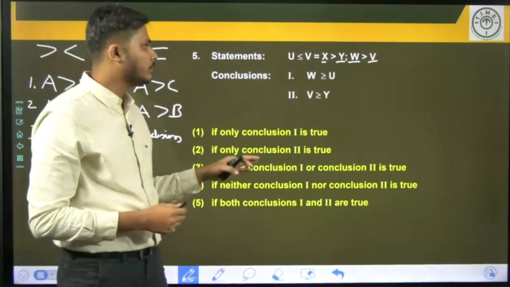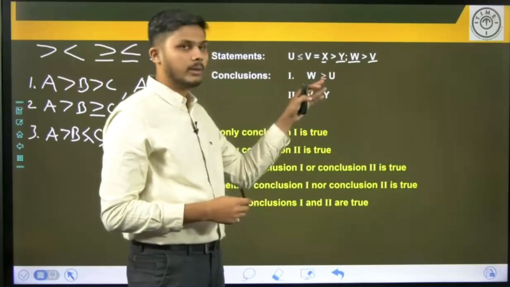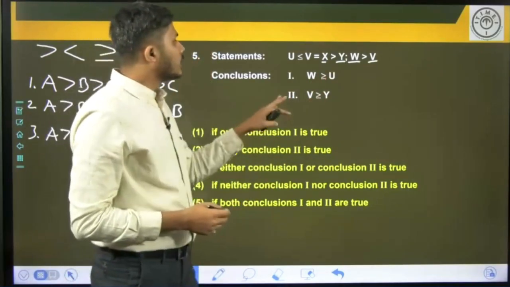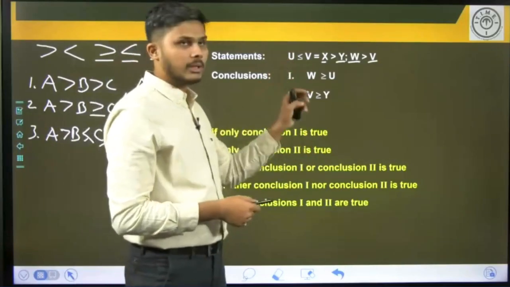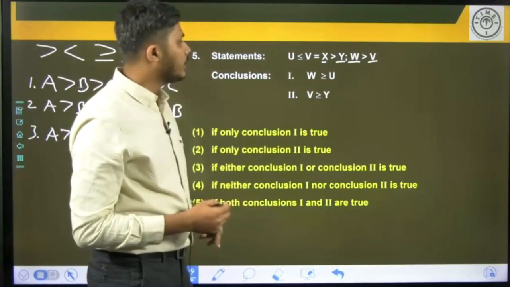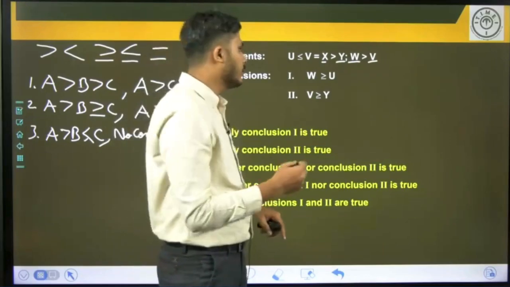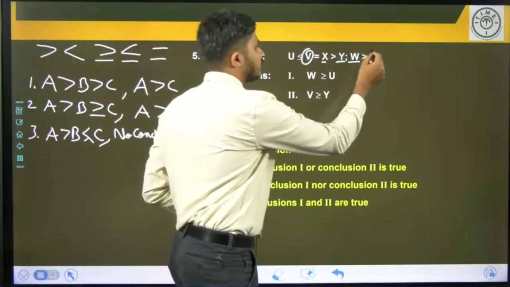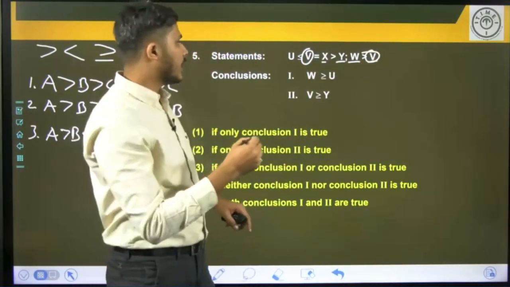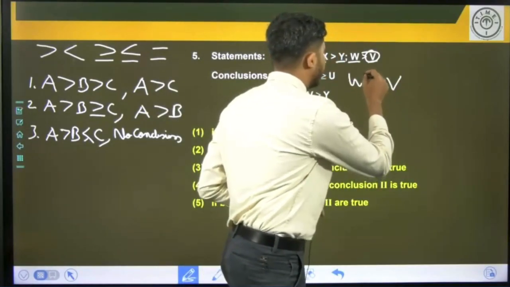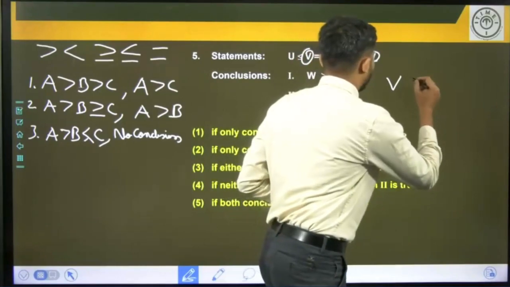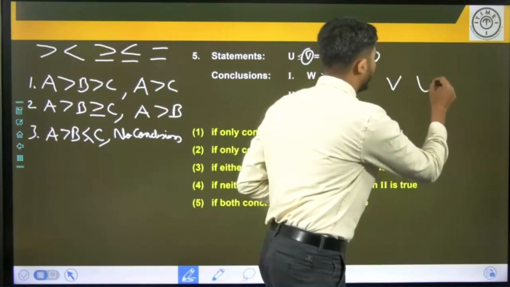The first conclusion, W is greater than or equal to U. W is in the second statement and U is in the first statement. So let us find out the common term between the first and the second statement, which is V. So let us write V in the middle, W at one end, U in the other end.